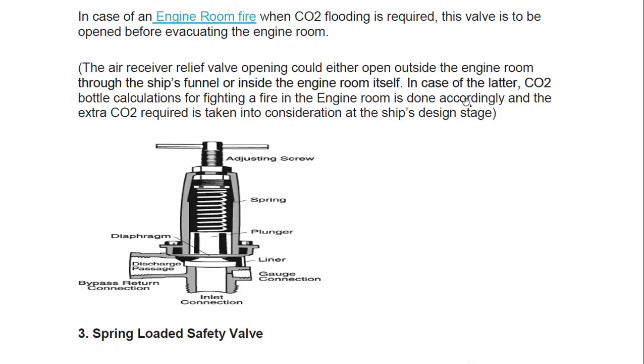So this is also a very important requirement, that this valve has to be lifted and the air bottle has to be emptied before releasing the CO2 system in case of an engine room fire, and this is also taken into consideration when calculating the amount of CO2, which I have already explained in the CO2 video.